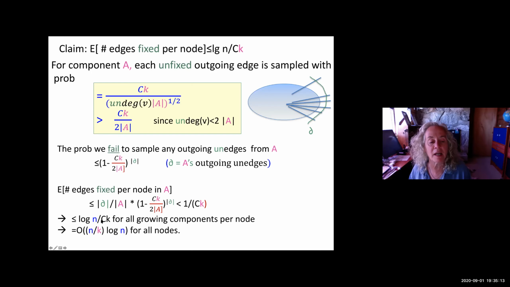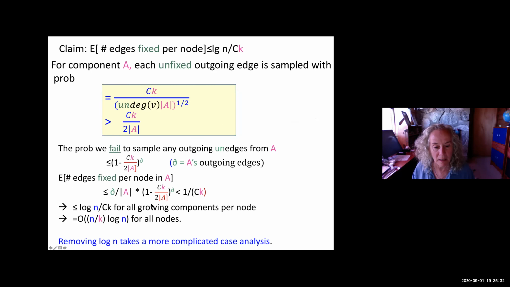So this is log n over ck per node, and there are n nodes, so we get n over k times log n for all the nodes. So this is a bound on the expected number of edges that we'll need to fix. And I can't get further than this, other than to say that there are very special cases that you can reason about to get rid of the log n factor.